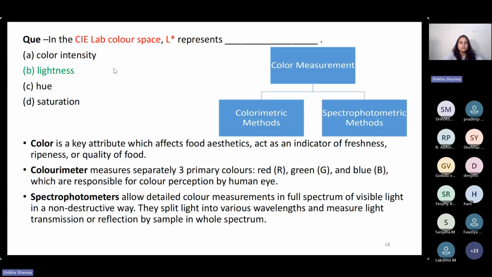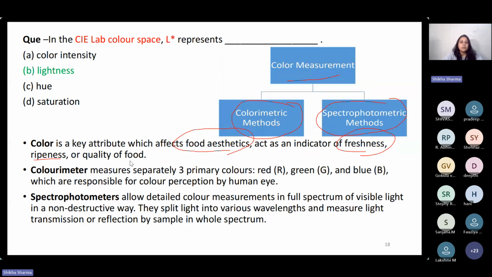Which is correct also. In color measurement we have two types of methods we can follow, colorimetry methods and spectrophotometric methods. Color is very important because it affects food aesthetics, and it is also used as a freshness indicator, a ripening indicator, or to determine the quality of the food.